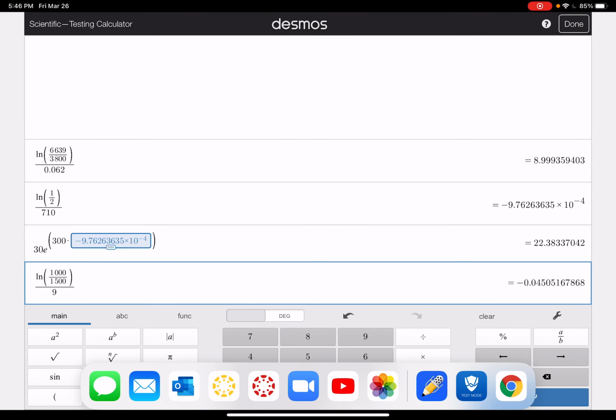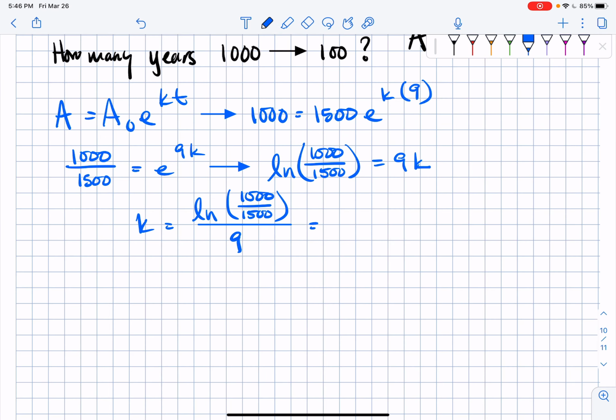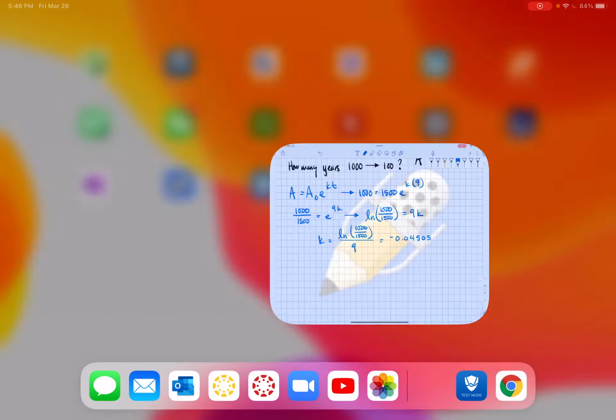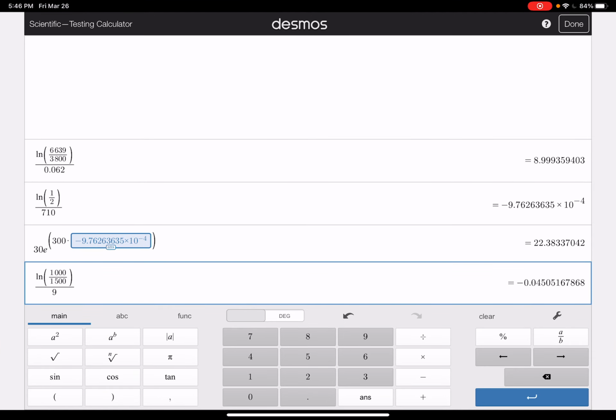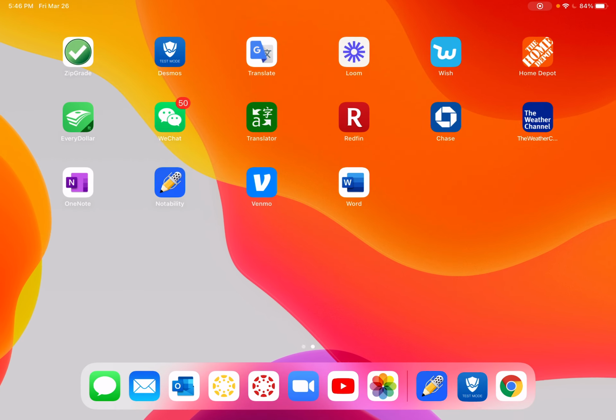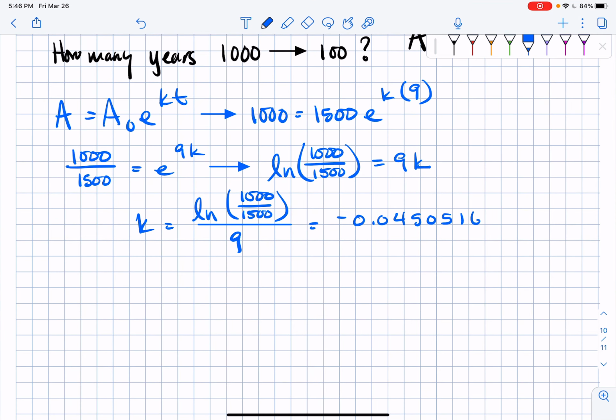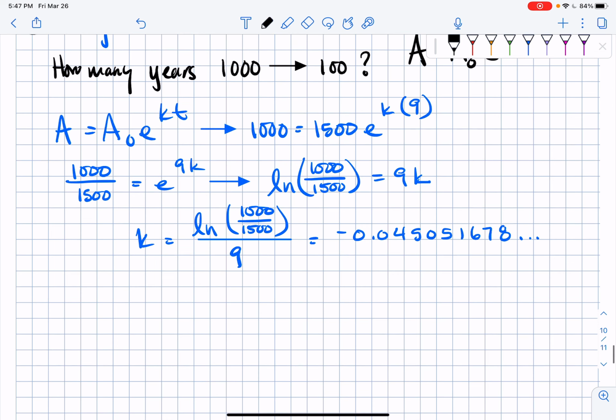So my k was negative 0.045051678. All right, a little tiny number here. So now that that is built, now I know what the k is.